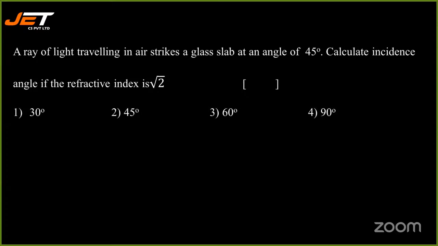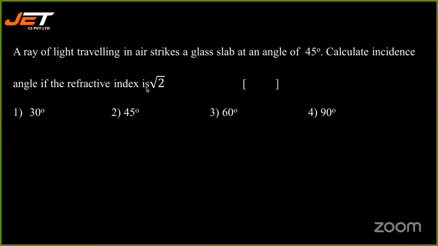So write down everyone. It will be N1 by N2 is equal to sin r by sin i. So we have to find out the incidence angle, because we know that the refracted angle is 45 degrees and refractive index is √2.